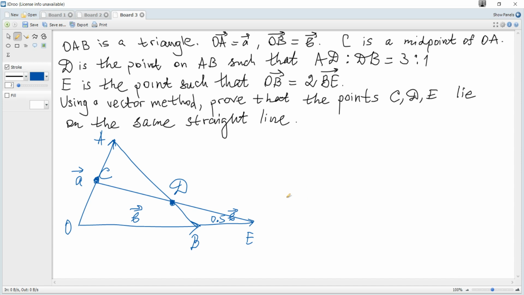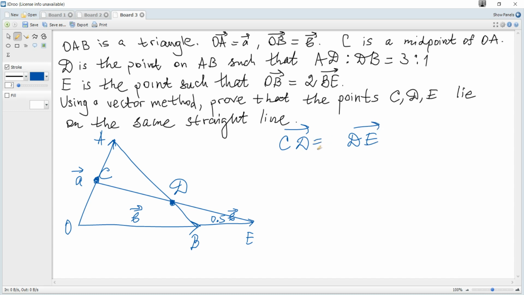How to show that 3 points lie on the same line? We should consider any 2 vectors constructed on any combinations between these 3 points. It may be CD and DE, or CE and DE. Let's consider CD and DE.